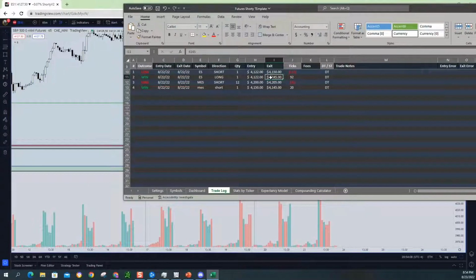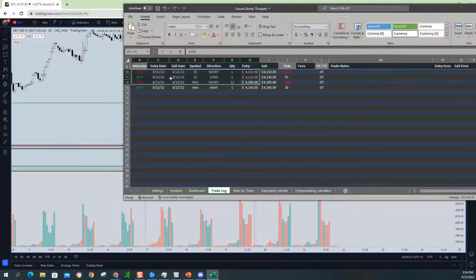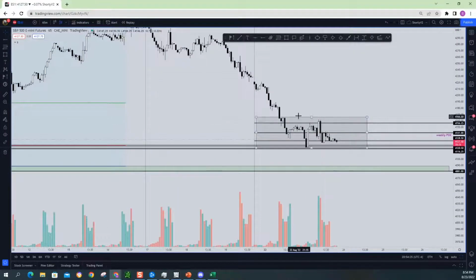Let's see if we got this. You're looking at $1,500 or $1,200 on this trade alone, and that's just one contract on ES. Pretty good. So just to give you the power of these levels and why we care about them so much, keep that in mind.